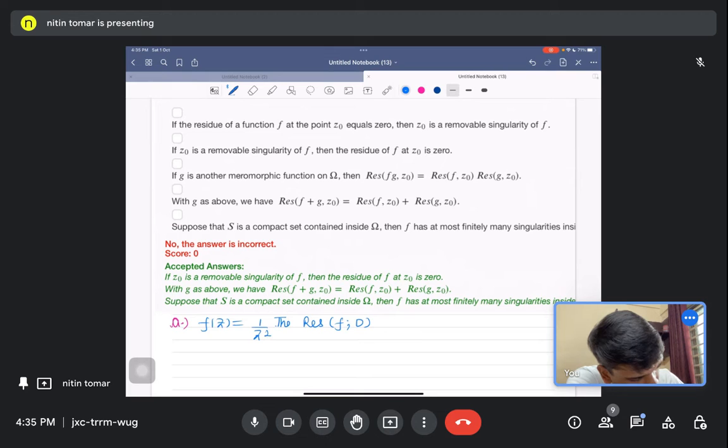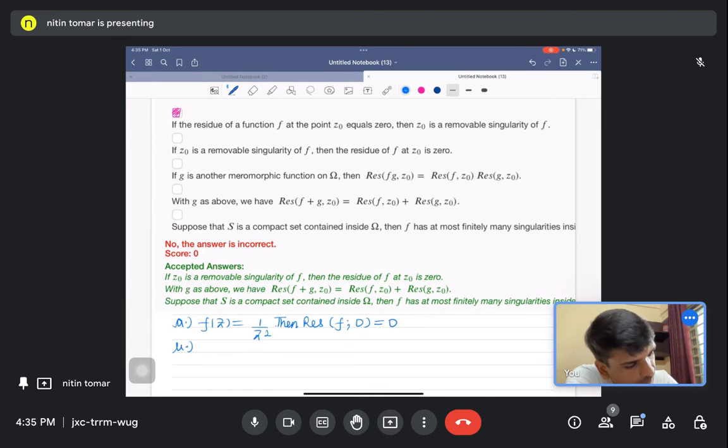Zero. But is 0 a removable singularity? No. So the first option is false. Everyone get this? Yes, sir.